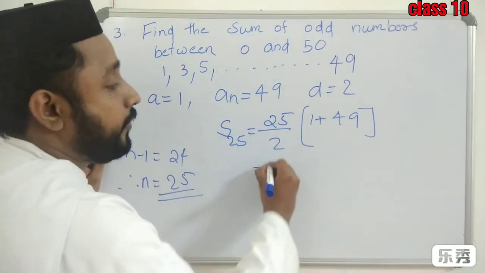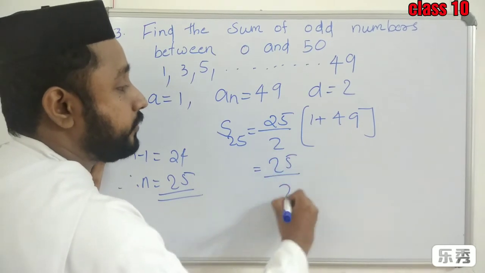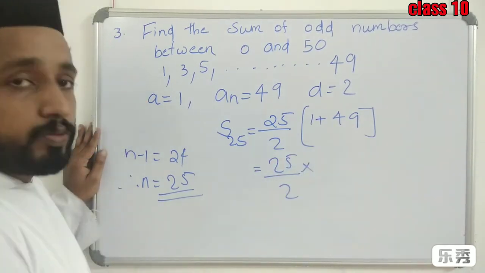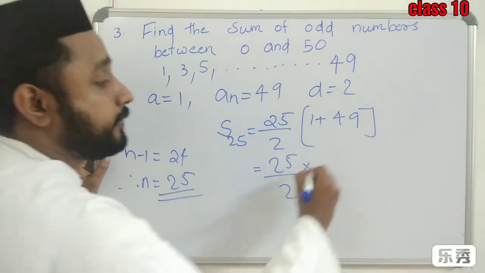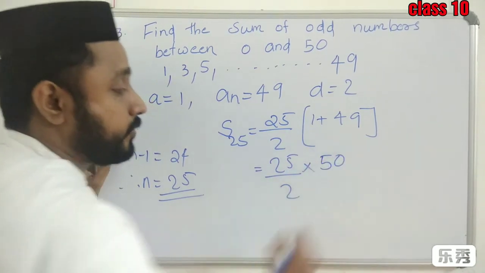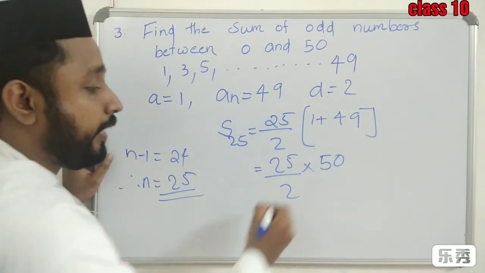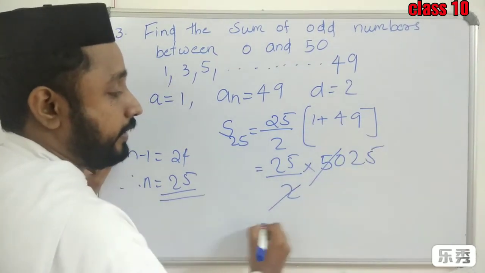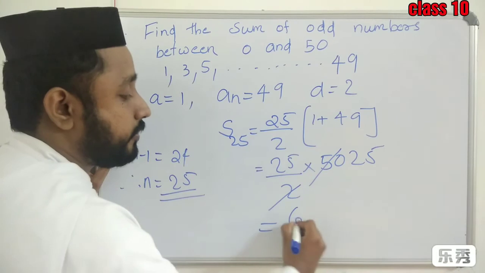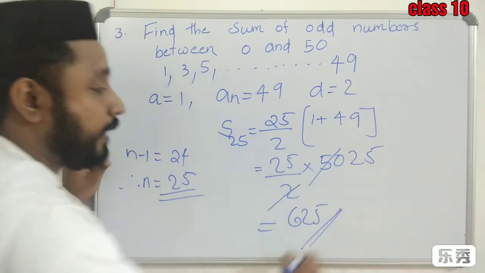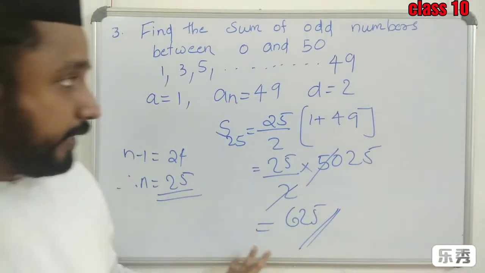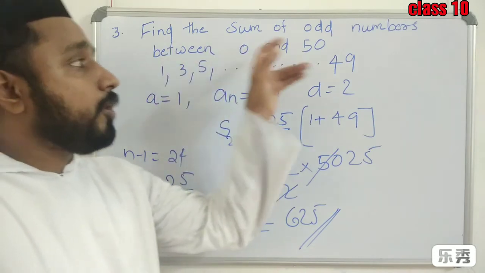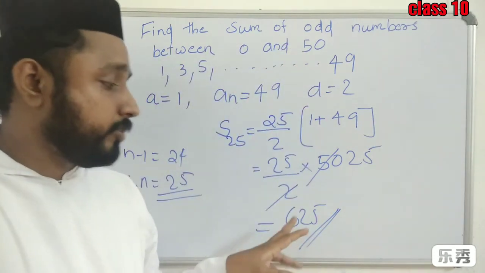Which is equal to 25 by 2 into 50. 2 into 25 is 50, so we get 25 into 25, which is 625. So the sum of the 25 odd numbers between 0 and 50 is 625.